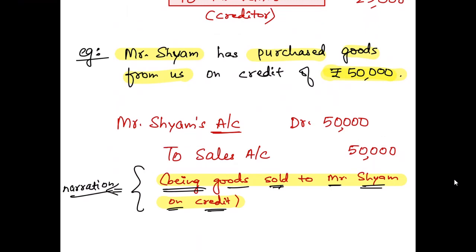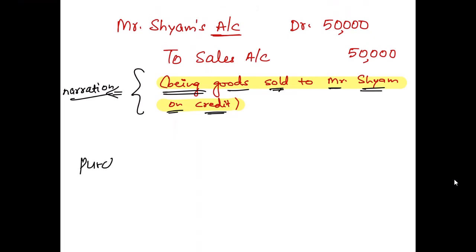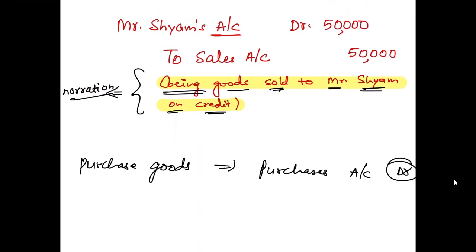So one thing you might have understood from these two examples: whenever we purchase goods, our purchases account will be debited. And whenever we sell goods, you have seen that sales account would be credited.